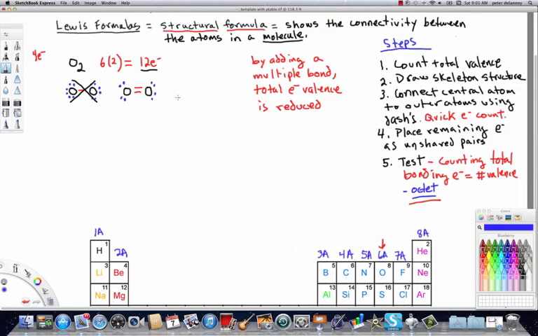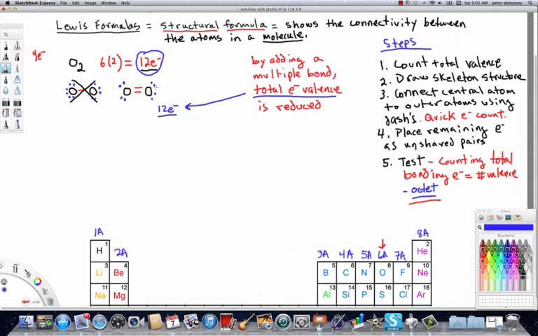Now we do the total count: 2, 4, 6, 8, 10, 12 electrons. So we see that the total electron valence in our molecule equals the magic number. Now this molecule has passed test number 1, or test A. Test B is that we need the octet around each of the oxygens.